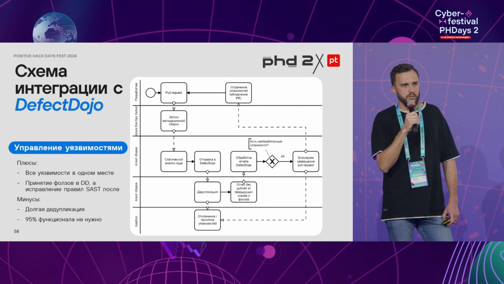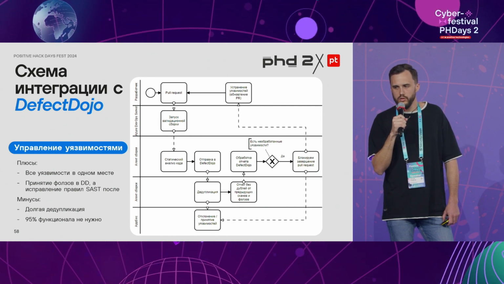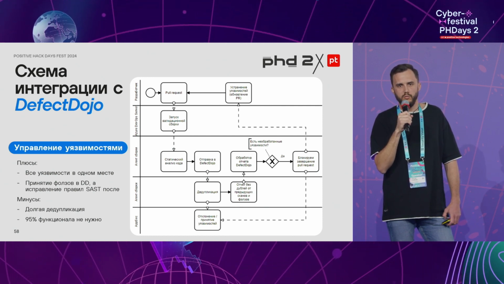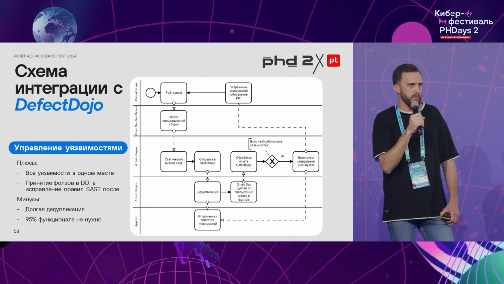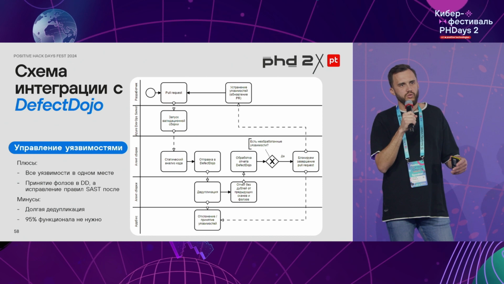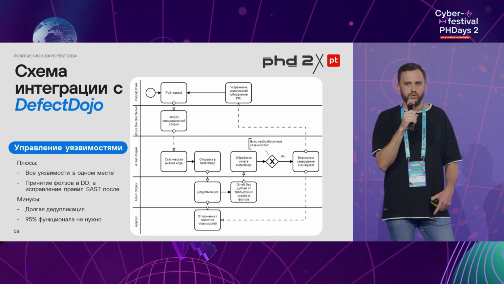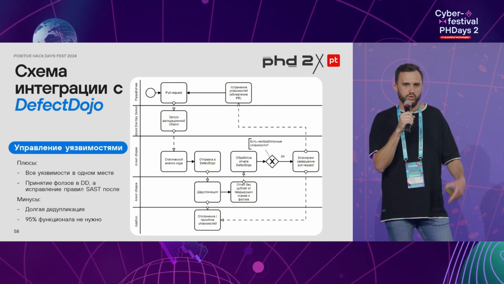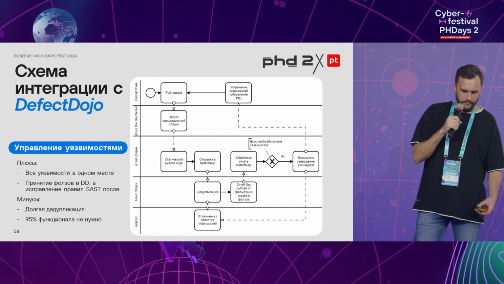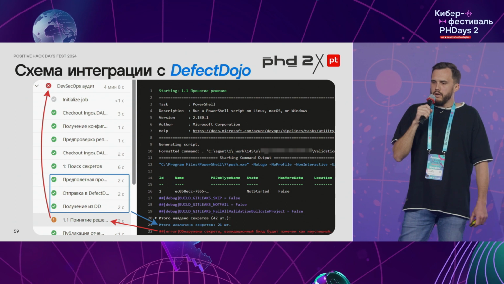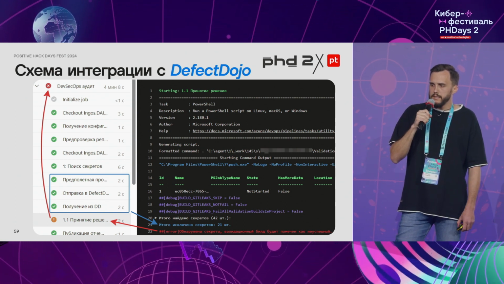The disadvantages included duplication. Most of the functionality of DefectDojo was not required. We were expected to press key combinations and work with the mouse, so the interface proved to be useless.